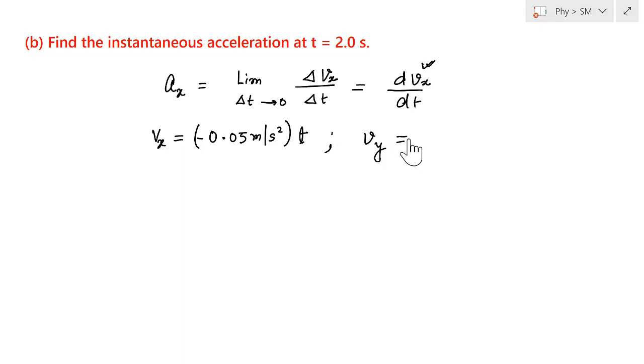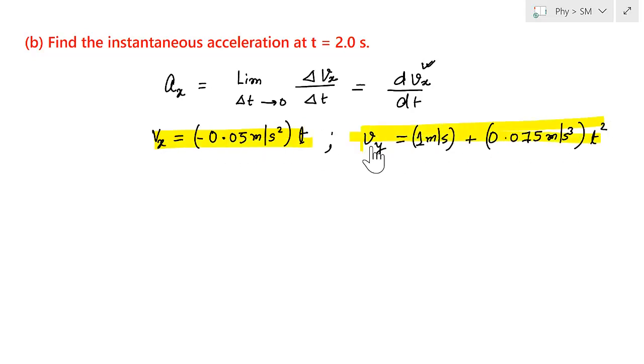So Vy was 1 meter per second plus 0.075 meter per second cube times t square. So this was the expression for Vx, and this was the expression for Vy that we calculated in the first part of the problem. So now we will use these two expressions to calculate Ax and Ay.